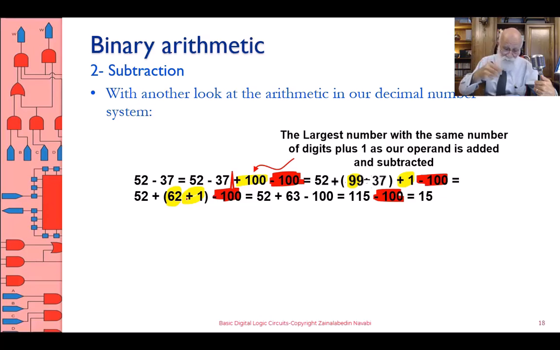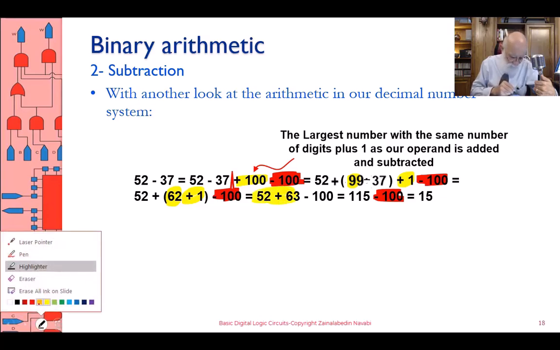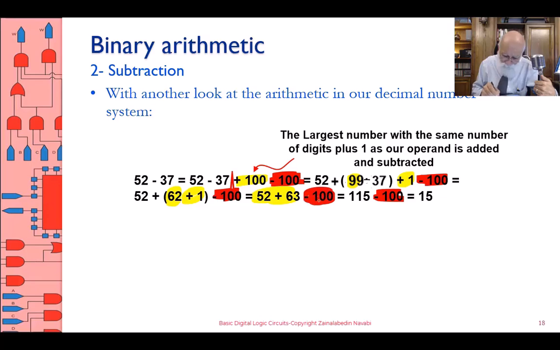All right. And then the next step is 52 plus 63. Again, I'm not going to be looking at the minus 100 that seriously. 52 plus 63, I'm performing that addition. That becomes 115. Now, since this is 115, that's 1 digit more than the original 2 digits. I'm just going to ignore the last digit to the left.